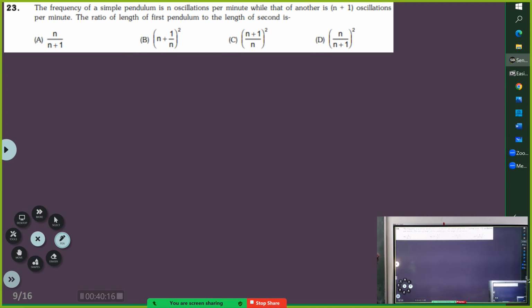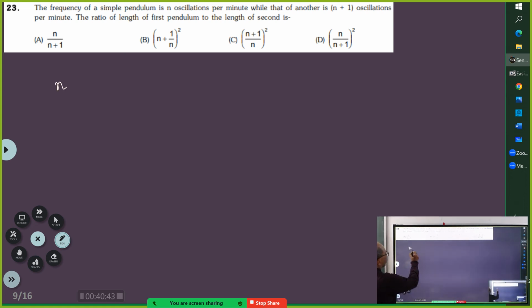Solve this. Okay. Very simple. They have told n oscillations per minute to confuse us, so don't get confused. In the ratios, everything cancels.